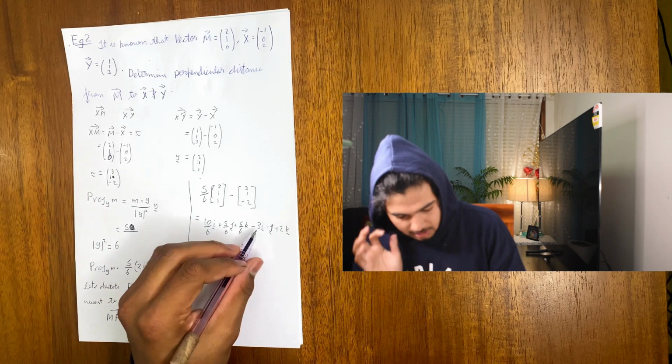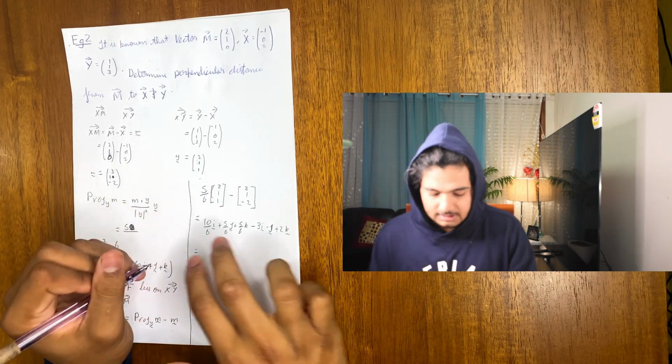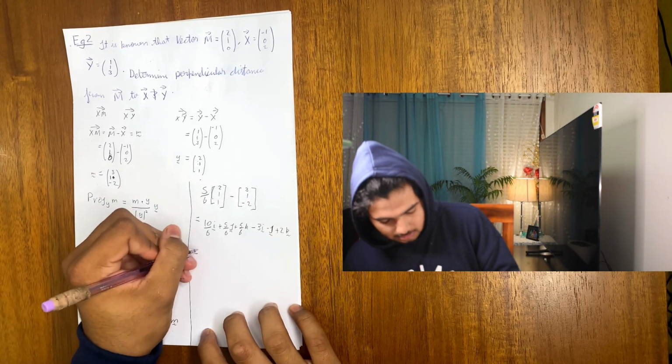Next step, multiply top and bottom by 6.